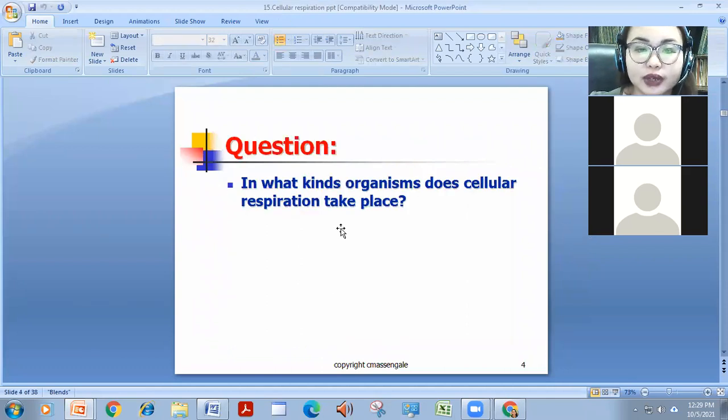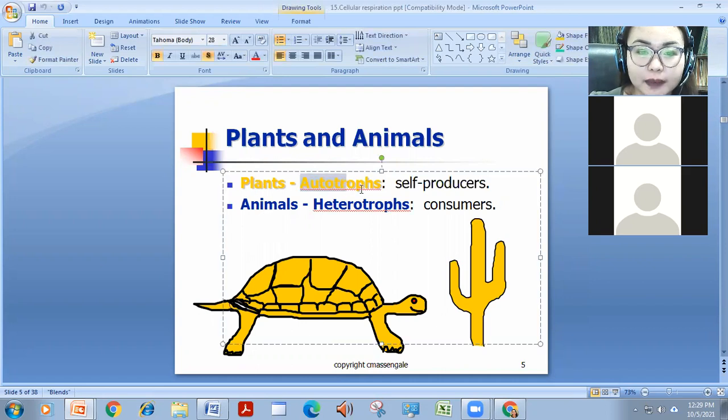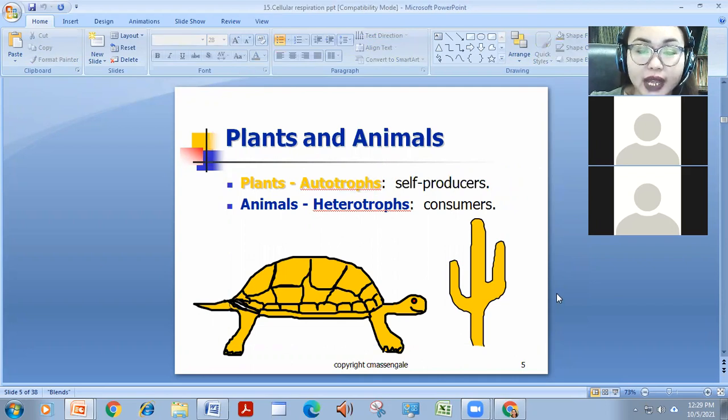So in what kind of organisms does cellular respiration take place? Of course, it occurs in both plants and animals, as I said earlier. In plants, this happens in autotrophs or the self-producers. In animals, we are heterotrophs or the consumers of plants for energy.